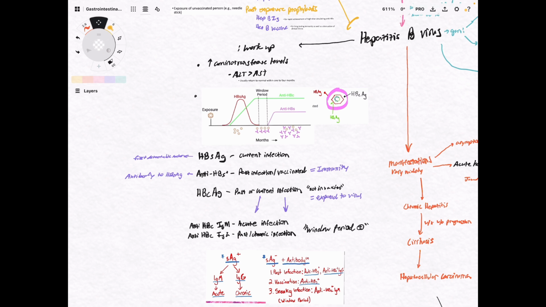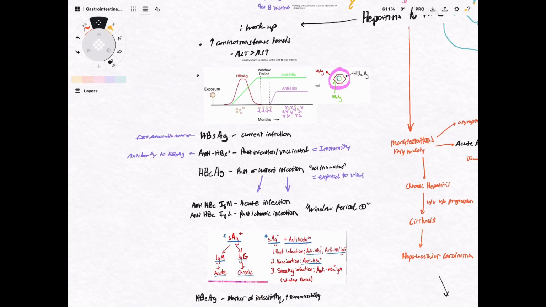Next one we'll talk about is the core antigen. This shows you a window period.